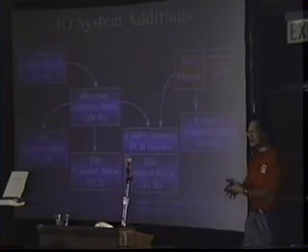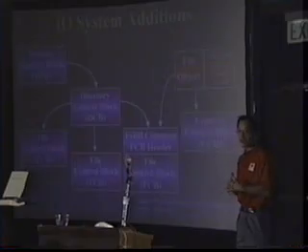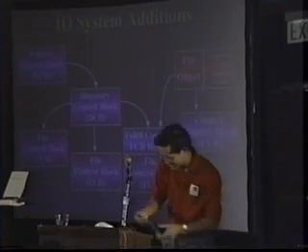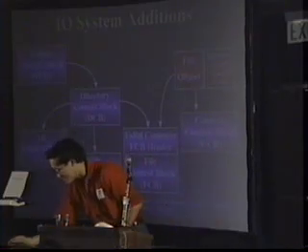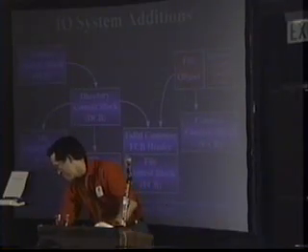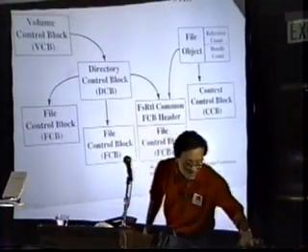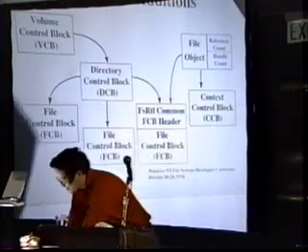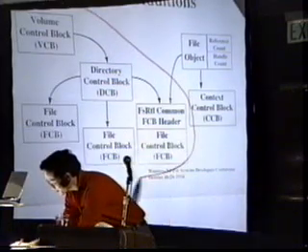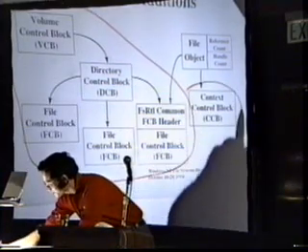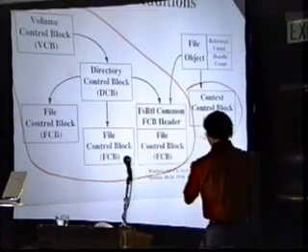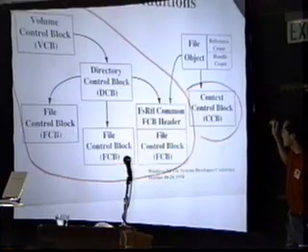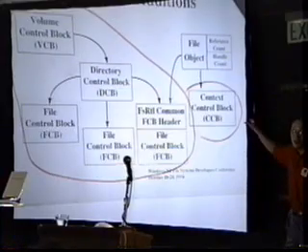We use it as a hook back into our own data structures. The way I like to think about it is that this structure here, including this one on the side, is all the file system's data structures. This is everything we as a file system own and can manipulate and use.